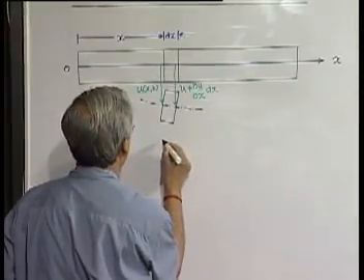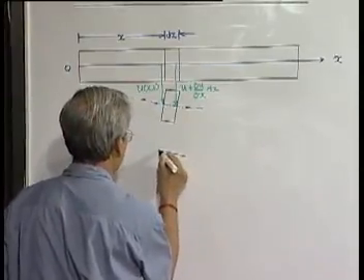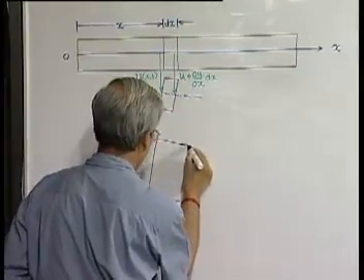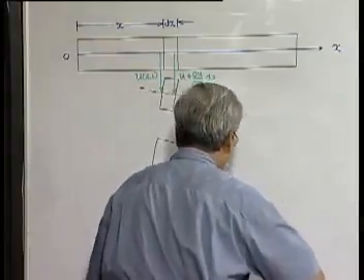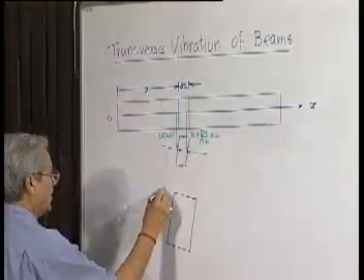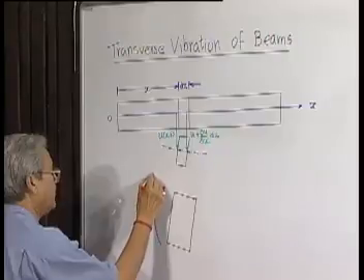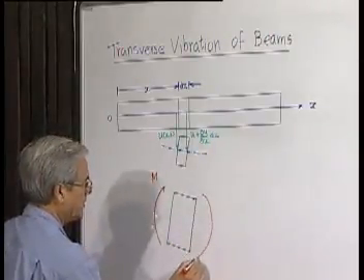Now if we consider the free body diagram of this element, the two ends, now when a beam bends like this, the moment acting here will be M, a bending moment, this is not a twisting moment, this is a bending moment.